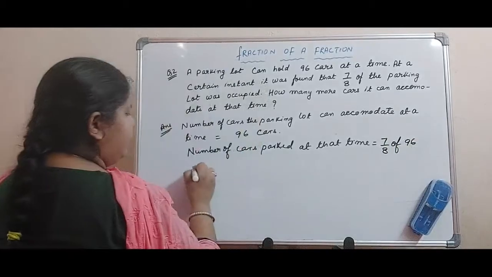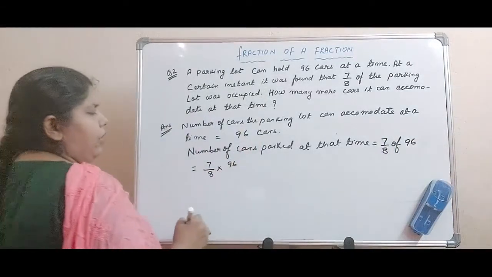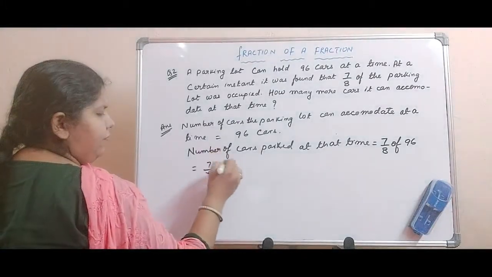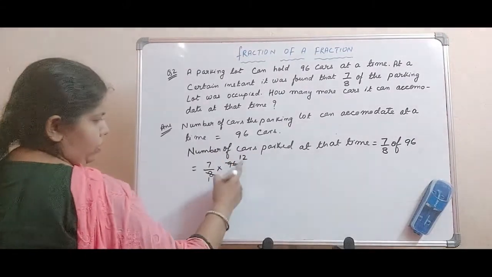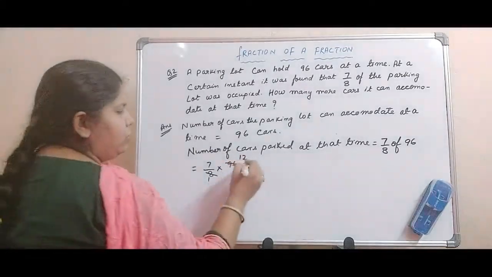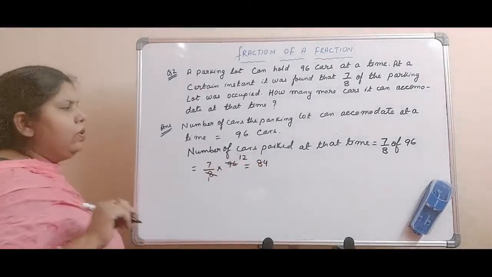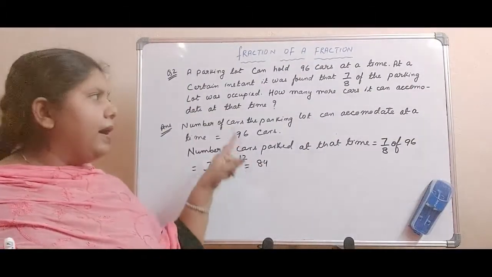Okay, so that is equal to 7 by 8 into 96. Now you can see that 8 and 96 can easily cancel each other. 8 ones are 8 and 8 twelves are 96. So what we will get? 7 into 12 is 84. So at that time 84 cars were accommodated in the parking lot.